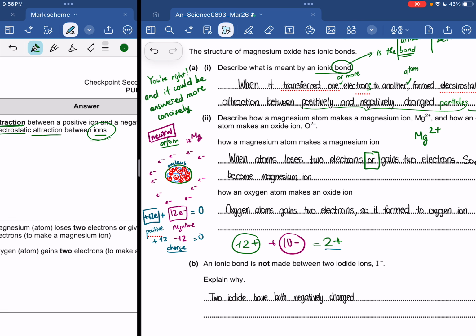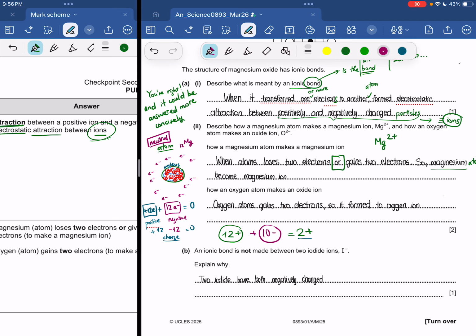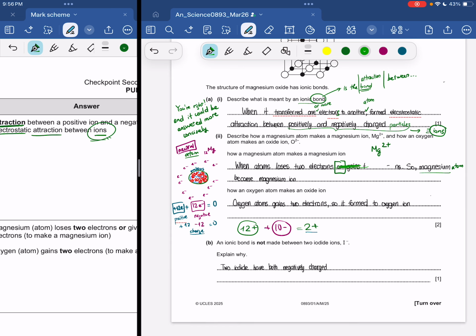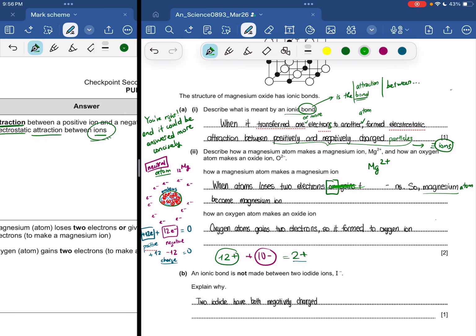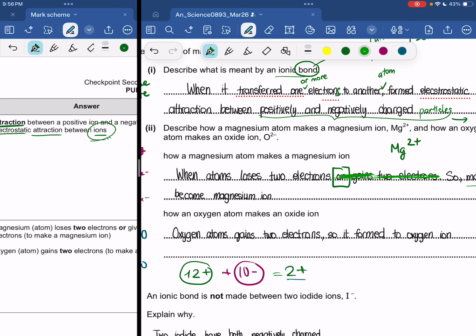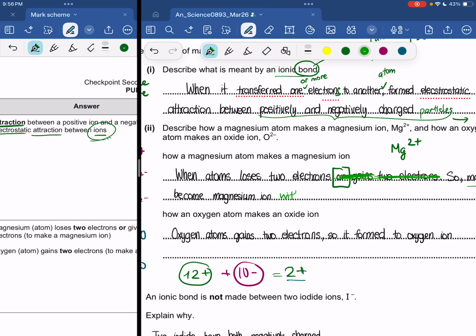So here it is not "organ". This will be a wrong statement to make. It just loses. Okay, when the atom loses 2 electrons, the magnesium atom becomes a magnesium ion. If you want, you can write it with the charge 2 plus.